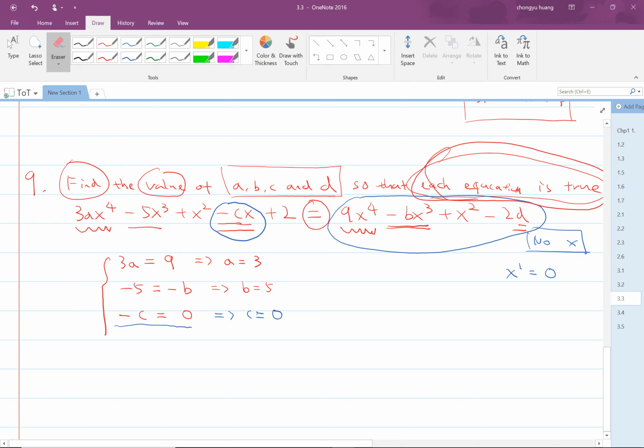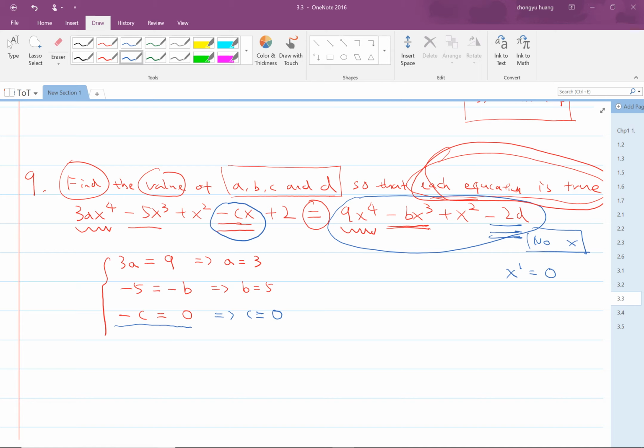Let me write a little more clearly, because this is quite confusing. Let me use my blue pen. So we have a negative 2d over here, and we don't have a variable, which means negative 2d is actually a value.